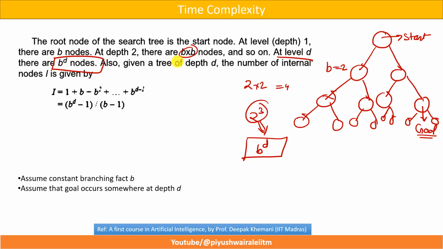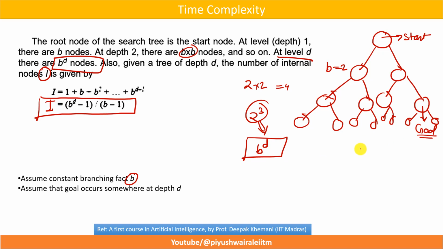Also, given a tree of depth d, the number of internal nodes is I. So this b to the power d is the number of nodes at a particular level. Now, what is the number of internal nodes here? I is given by I equals b to the power d minus 1 divided by b minus 1, right? Where b is the constant branching factor, and d is the depth, assuming the goal occurs somewhere at depth d.